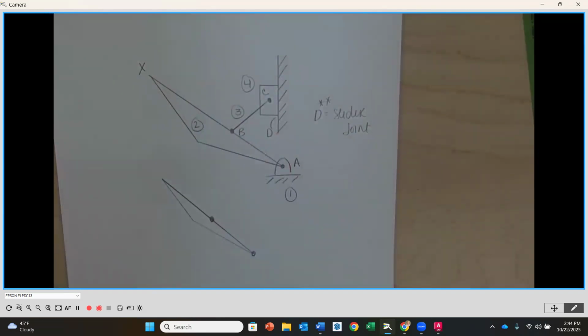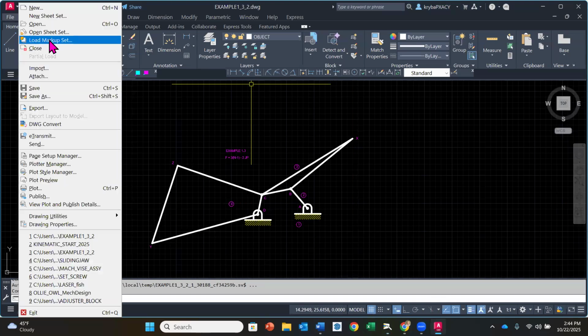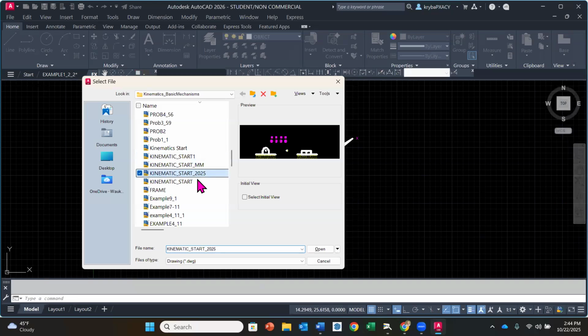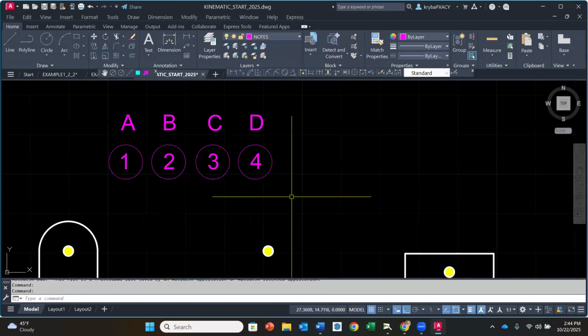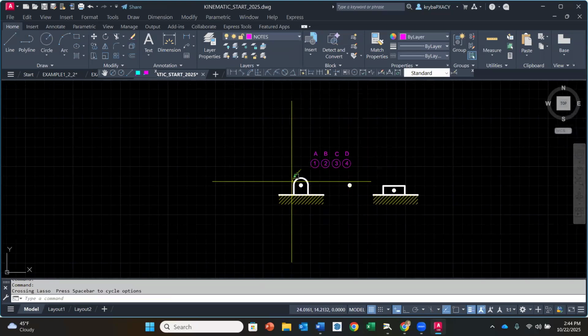Okay. So now let's translate this into an AutoCAD drawing, because that's what you're going to have to do. So I am going to open my kinematic start file. Okay. Open. And I am simply going to move these items around.